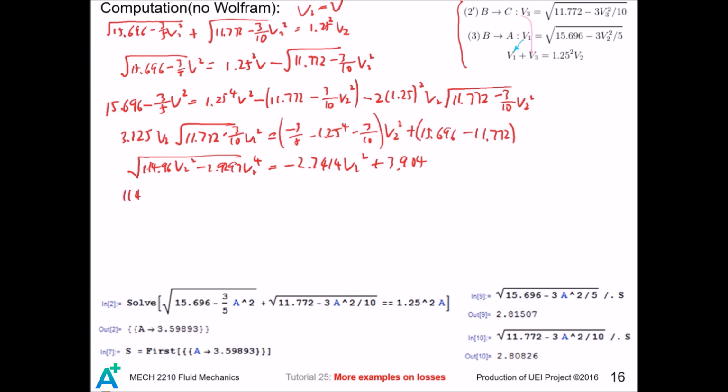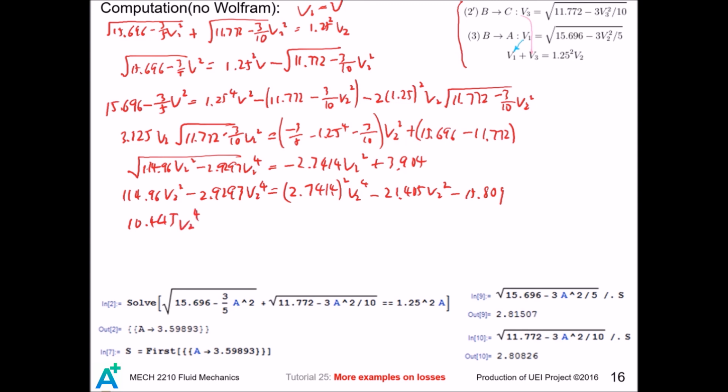If we square both sides again, we obtain, and we get a nice and short quadratic equation.